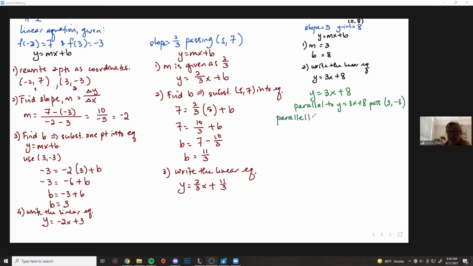Parallel lines have the same slope, right? So if they have the same slope, therefore, for line 2, your m is 3. Then what do you need to do next?